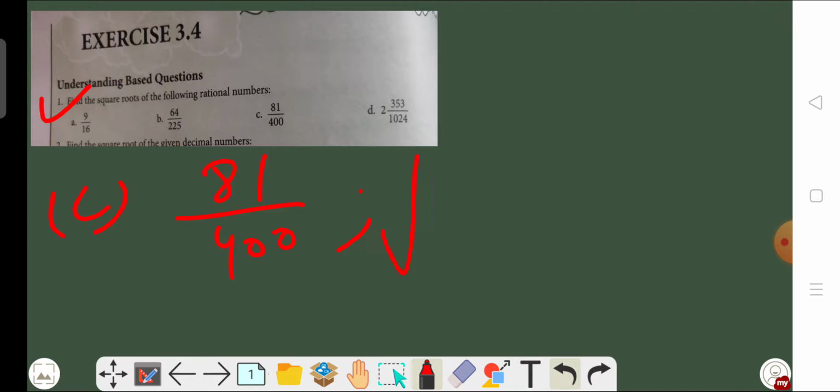To find the square root, firstly we have to put this rational number under the root sign, and this is equal to square root of 81 by square root of 400. Square root of 81 is equal to 9, and square root of 400 is equal to 20, and the answer is 9 by 20. So the square root of 81 by 400 is equal to 9 by 20. Try to do the remaining part of this question by yourself, beta.